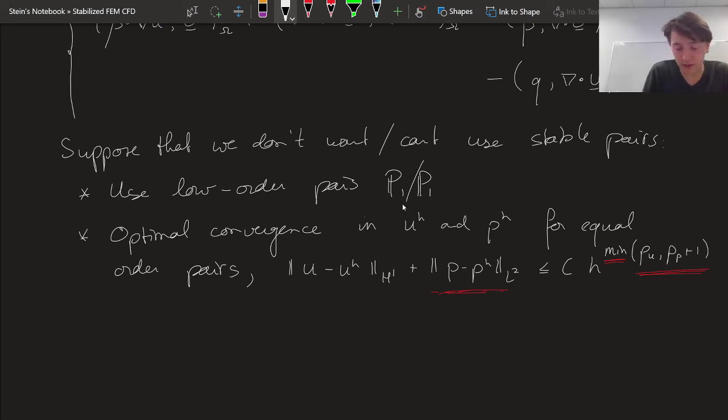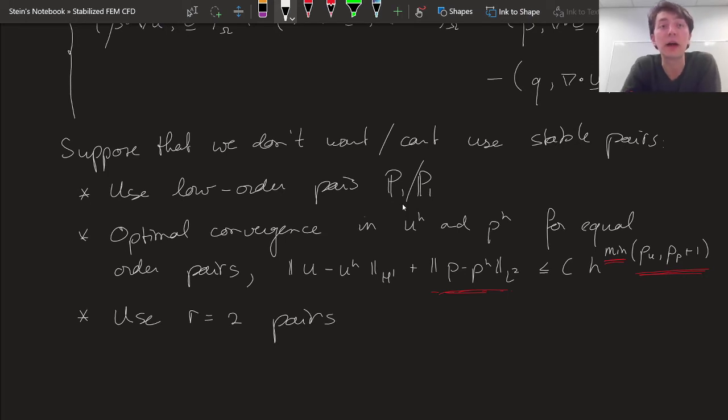Now, another good reason why you might want to use elements that are not stable is because you want to use R2 pairs, where R is our constraint ratio. Remember that our stable pair, the Taylor-Hood element, had a constraint ratio of 8.